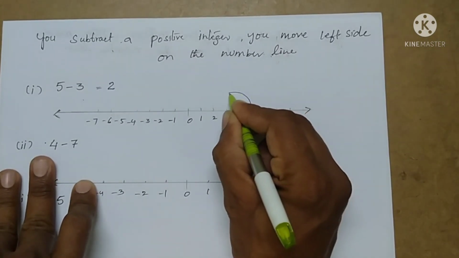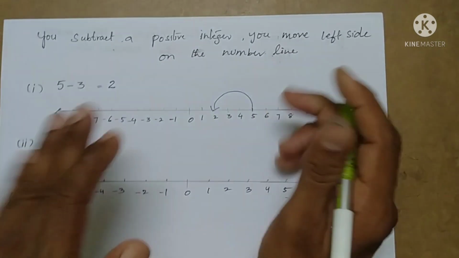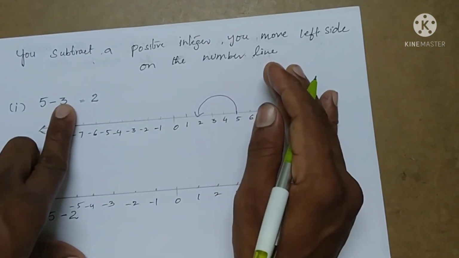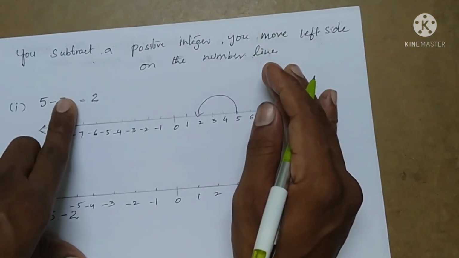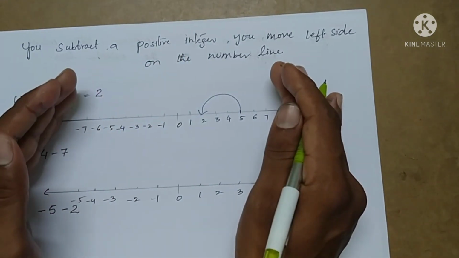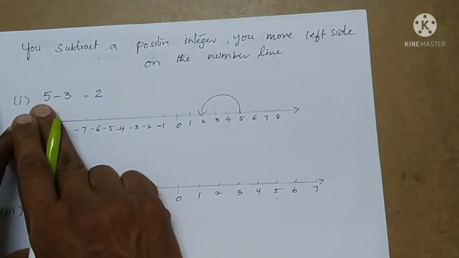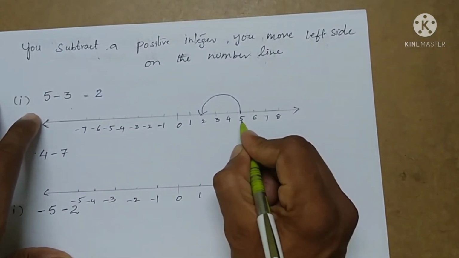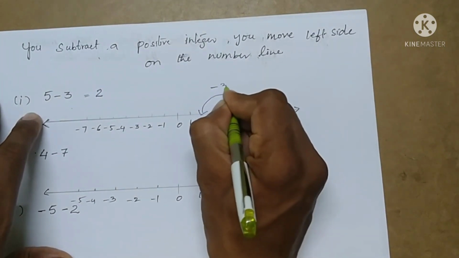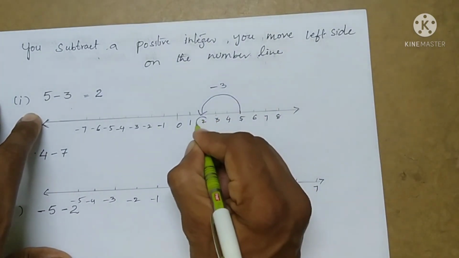Subtract a positive integer from a number, then you move left on the number line. So 5 minus 3, the result is 2.